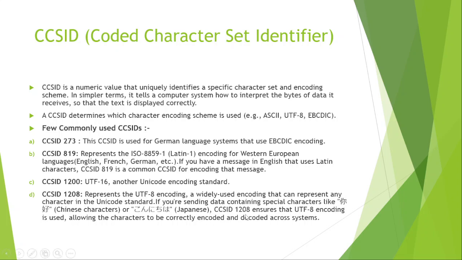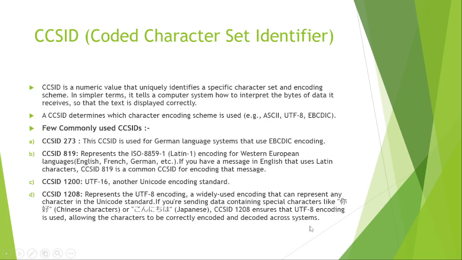Okay, so suppose you are sending data containing special characters like Chinese or Japanese characters, then CCSID 1208 will ensure that UTF-8 encoding is used, allowing the characters to be correctly encoded and decoded across the system.